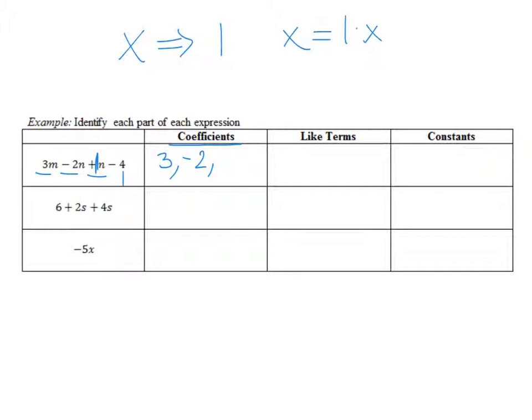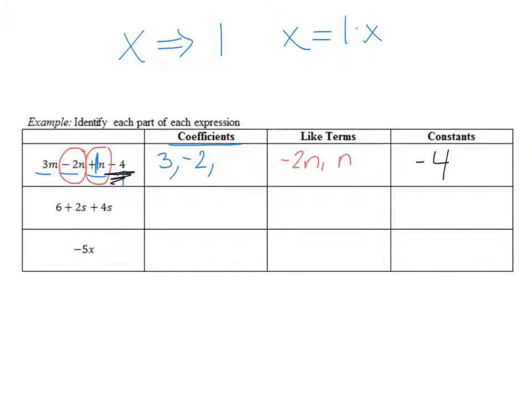And -4 is not a coefficient, that's a constant. The like terms, the ones with the same variables, are -2n and n. The constant is the number, and that's -4.